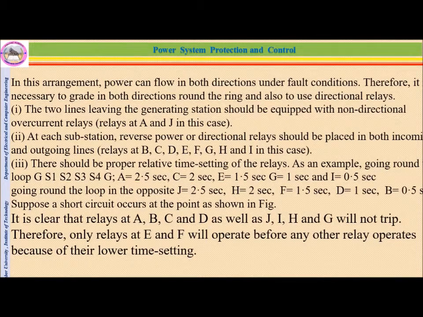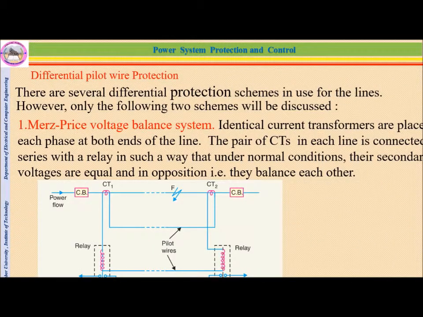The other thing, differential pilot wire protection. Those are differential protection schemes used for the line. However, only the following two schemes will be discussed: the multiplies voltage balance system. Identical current transformers are placed in each phase at both ends of the line, and the pair of CTs in each line is connected in series with the relay in such a way that under normal conditions their secondary voltages are equal and opposite.